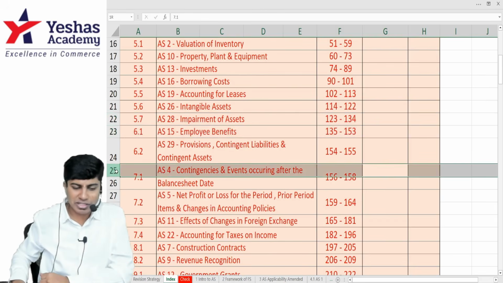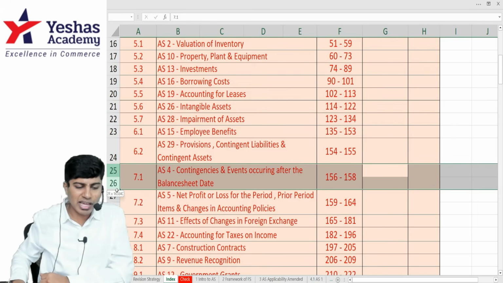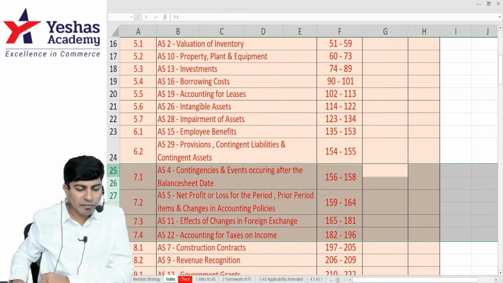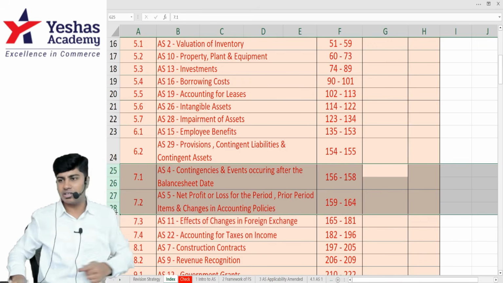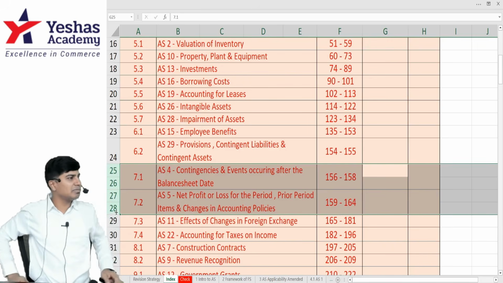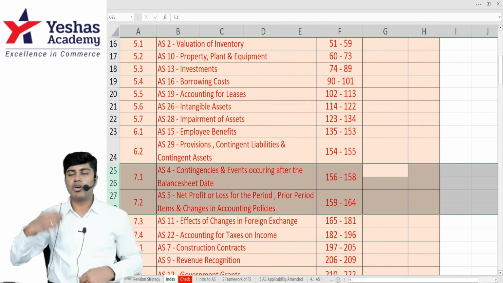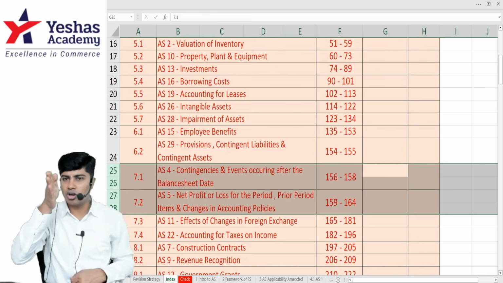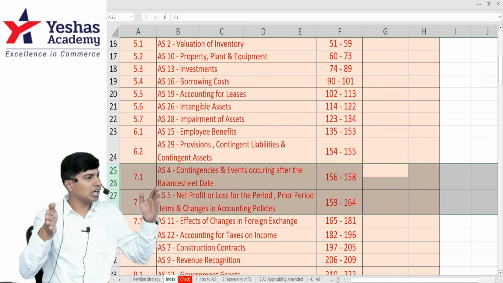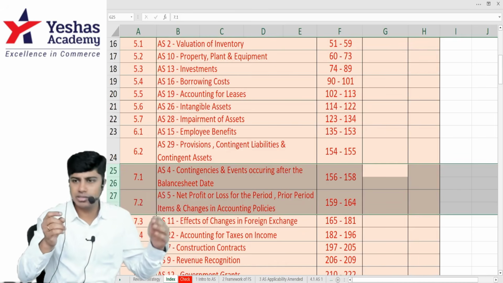Then come to chapter 7. In chapter 7 we have AS4, AS5 and then AS11 as well as AS22. We'll talk first about 7.1 and 7.2. These are financial statement based standards. Let's say I'm preparing a balance sheet for the period starting from 1st of April 2025 to 31st of March 2026.